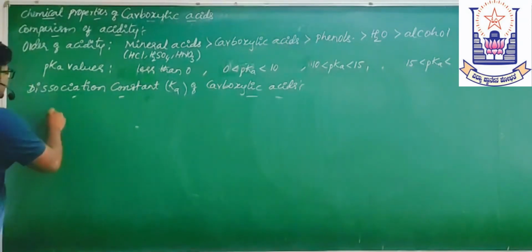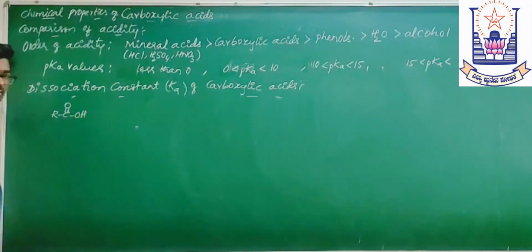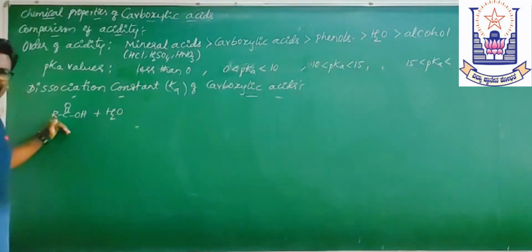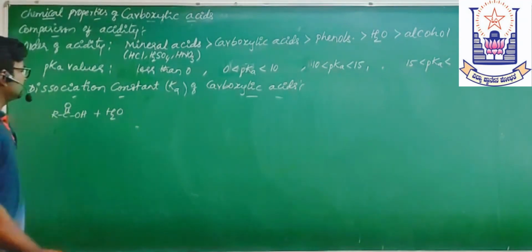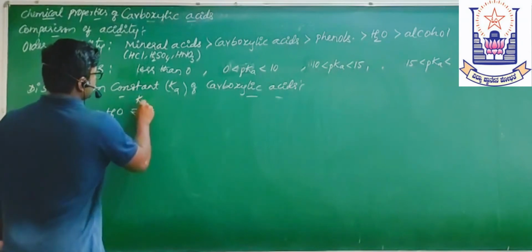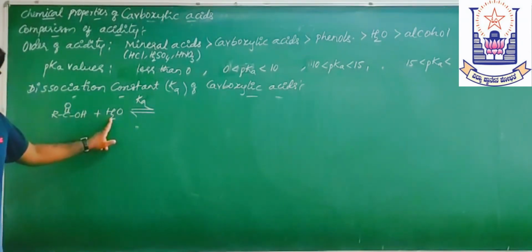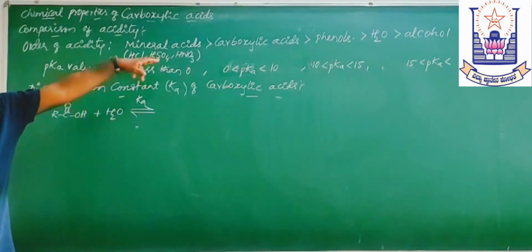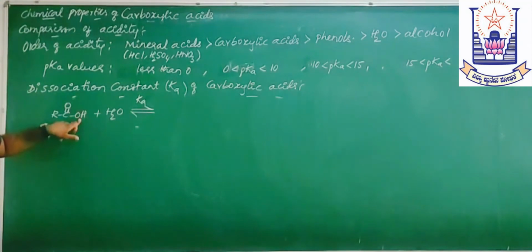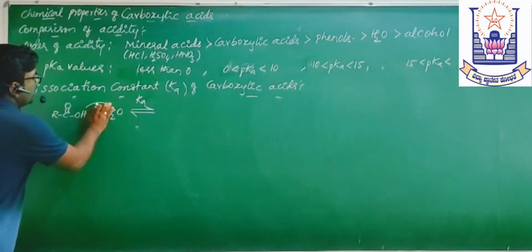Take the carboxylic acid RCOOH and take water. This is nothing but hydrolysis of the carboxylic acid. This is Ka. Here the carboxylic acid is more acidic than water. It donates a proton, it will lose the proton to the oxygen.